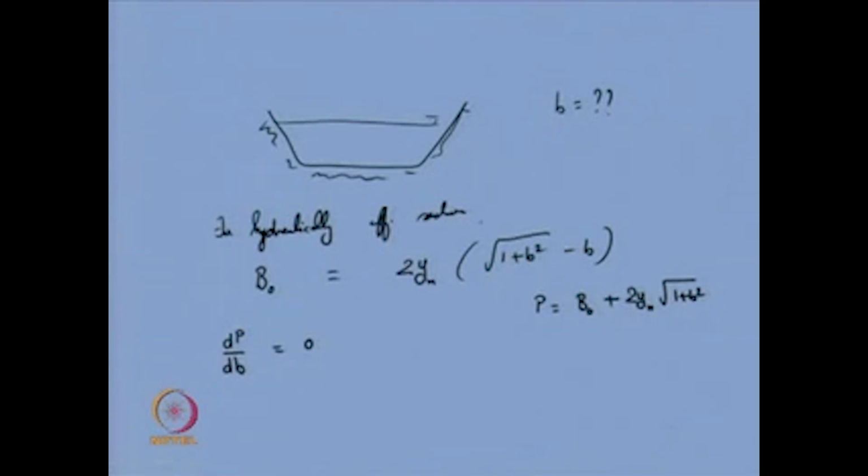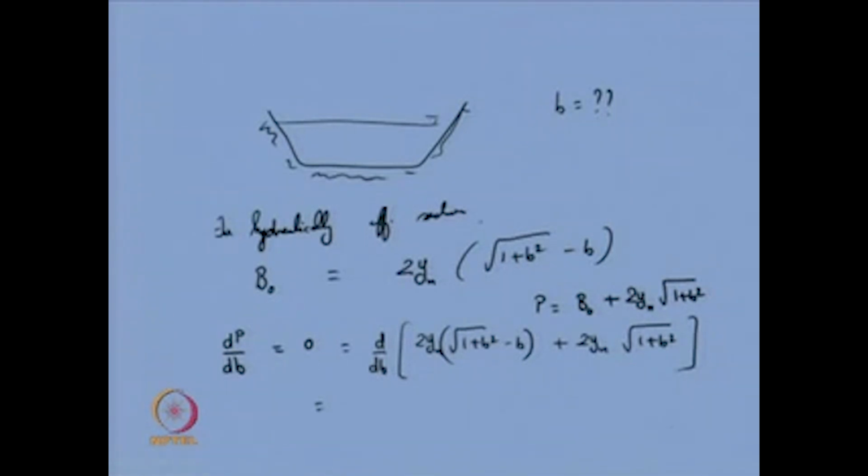So, in this case you have to take d by dm of this, and like this you need to determine the quantity. So, what is this differentiation?